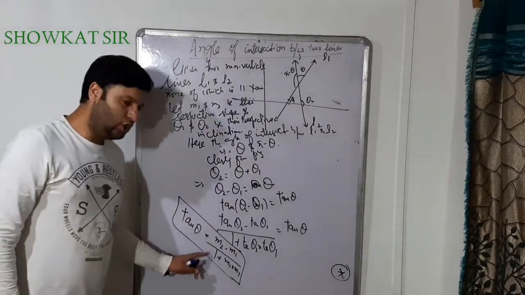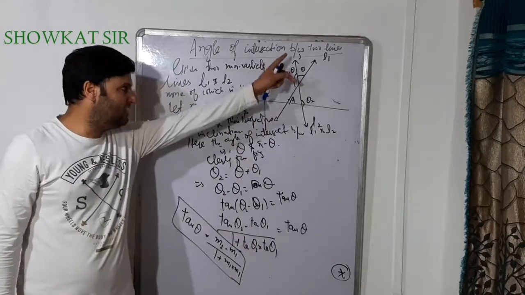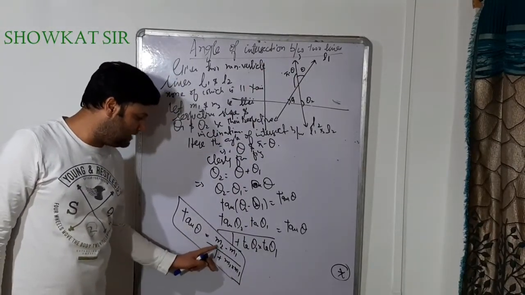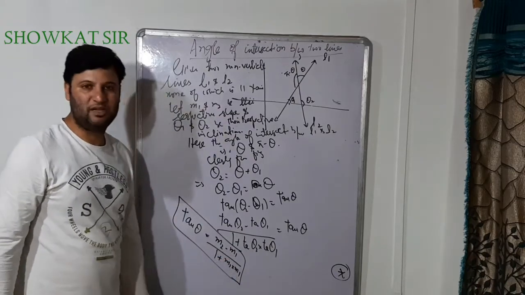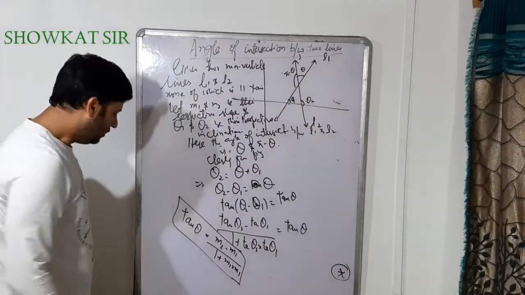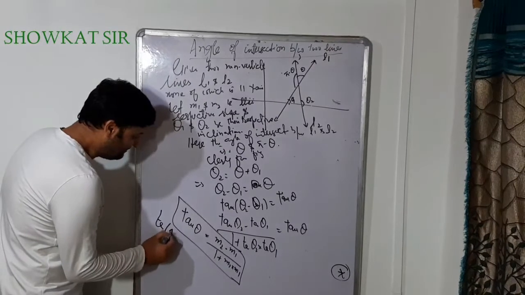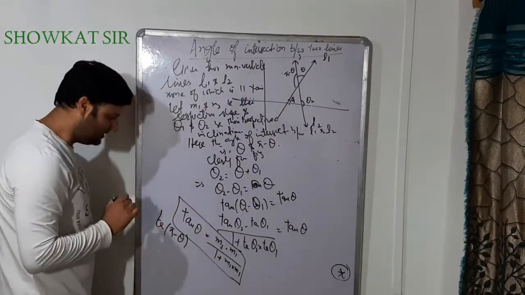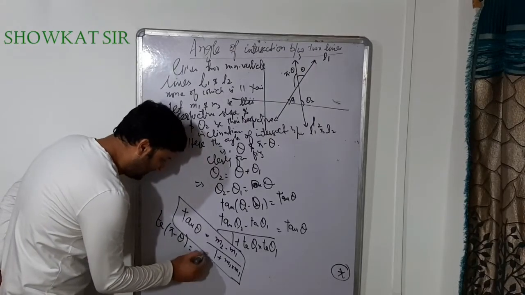So this is the angle of intersection between two non-vertical lines in terms of their slopes. Tan theta is equal to M2 minus M1 divided by 1 plus M1 into M2. Also, tan of pi minus theta, the second angle of intersection, is equal to minus tan theta.